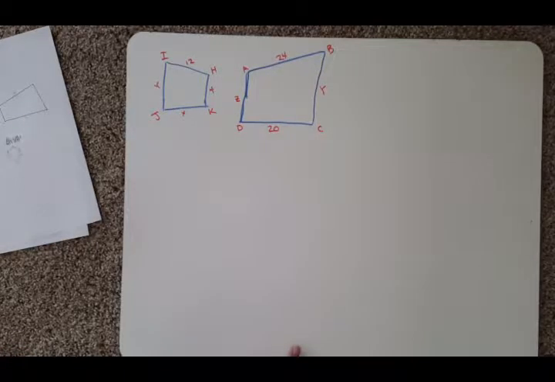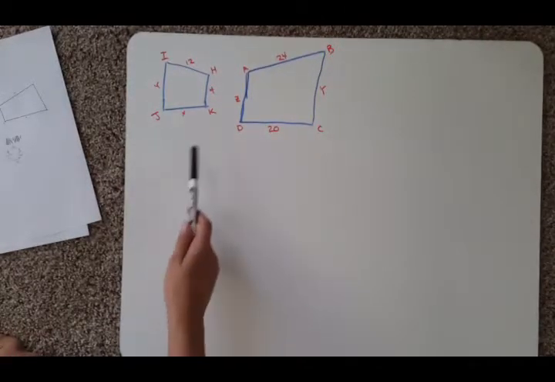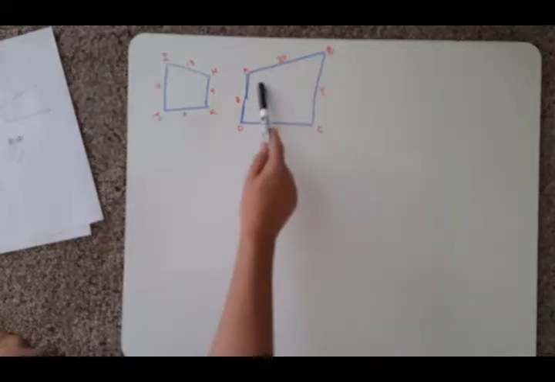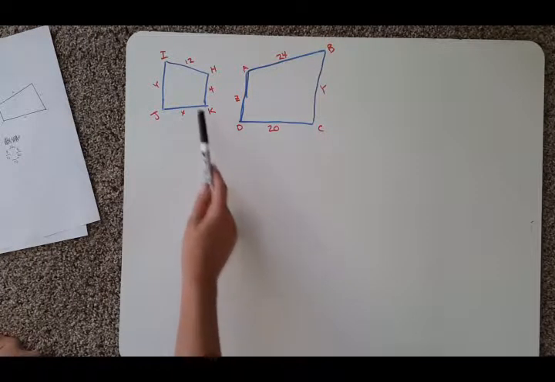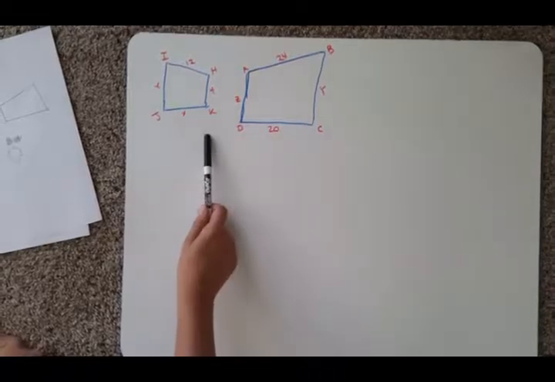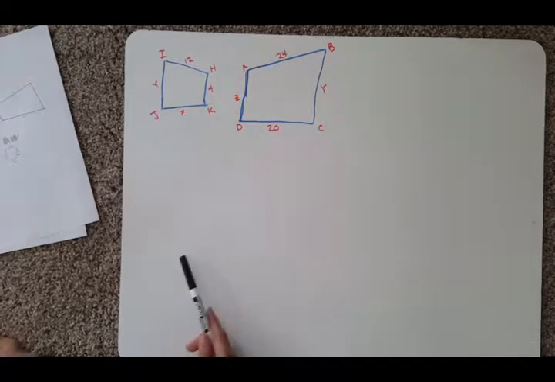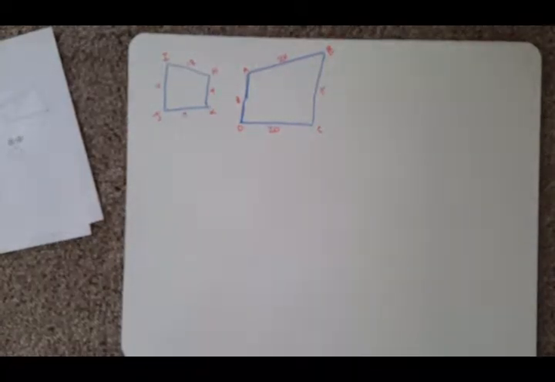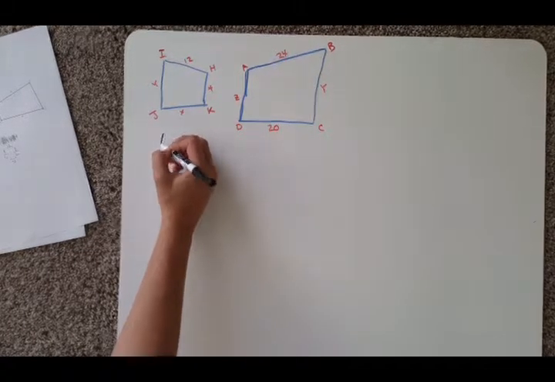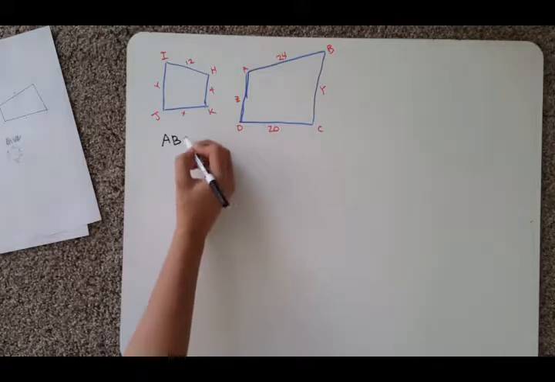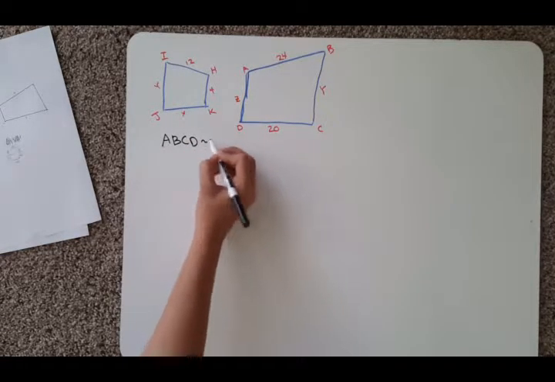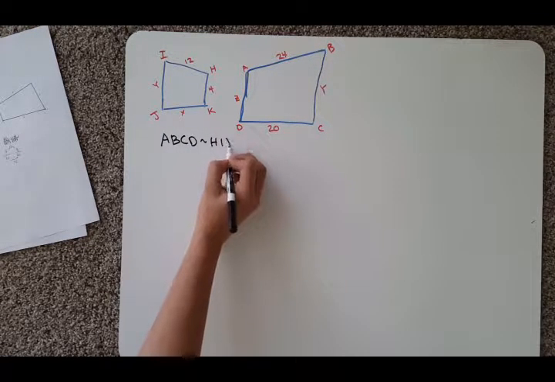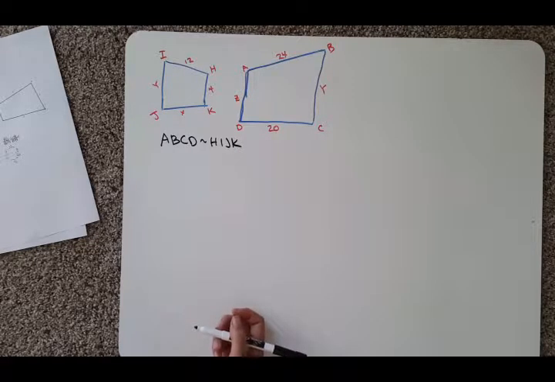All right. So, for the last problem that we have here, it says the quadrilateral ABCD is similar to HIJK. So find the following. So let's write this out because that first part was important. So it said ABCD is similar to HIJK.